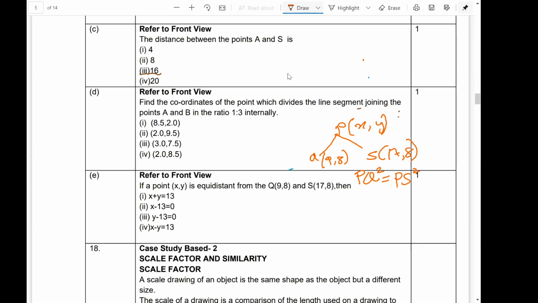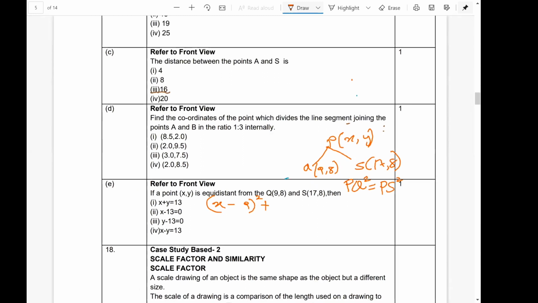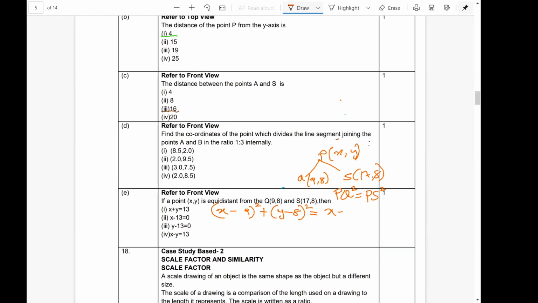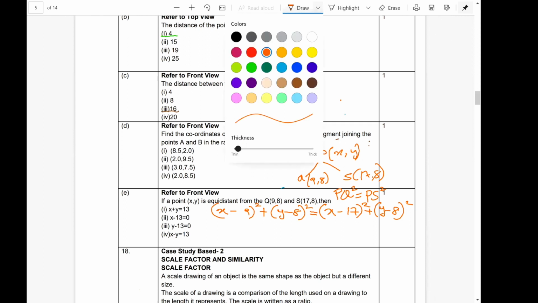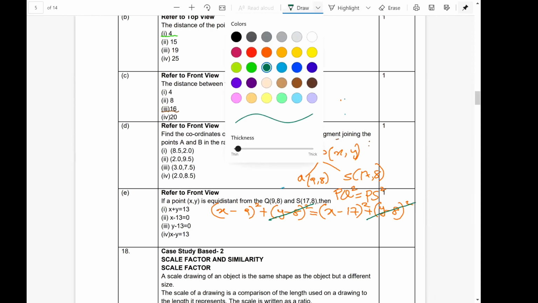So it comes like this: x minus 9 the whole square plus y minus 8 the whole square is equal to x minus 17 the whole square plus y minus 8 the whole square. We can cancel out this y minus 8 the whole square from both the sides. And let's expand the remaining part.